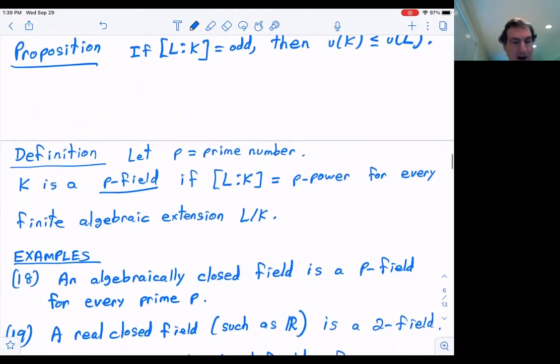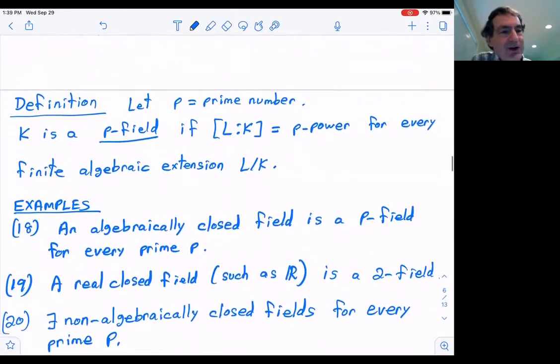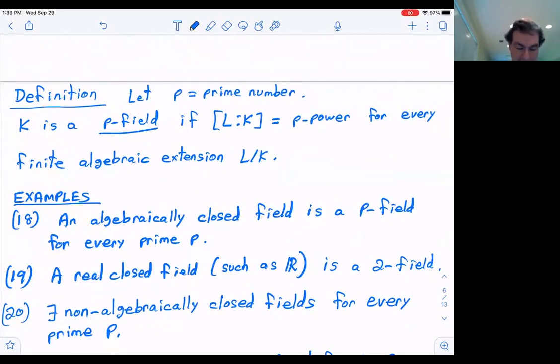Okay, now I want to give another set of interesting examples. Suppose p is a prime number. K is called a p field if every finite algebraic extension of K has degree equal to a p power. That would mean the absolute Galois group of the field is a p group.